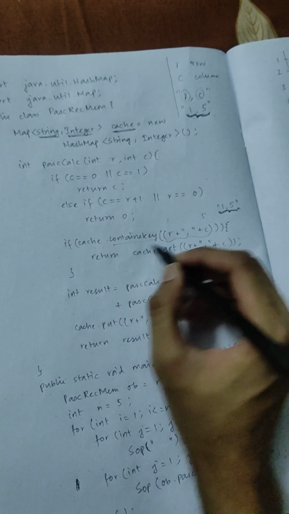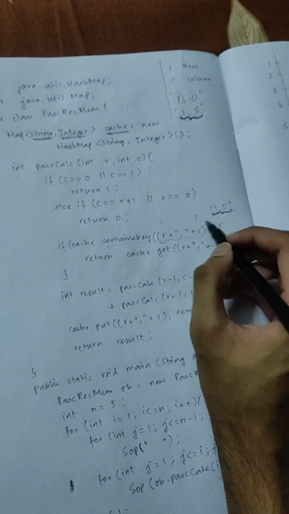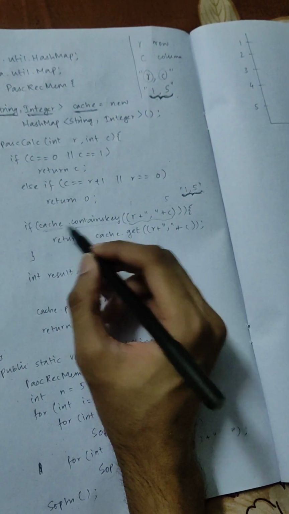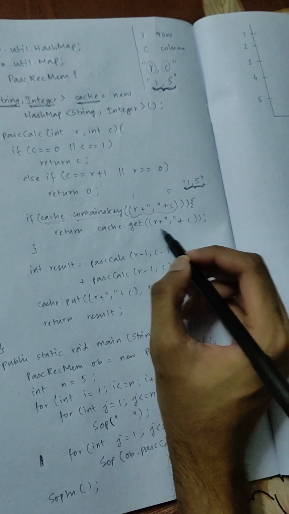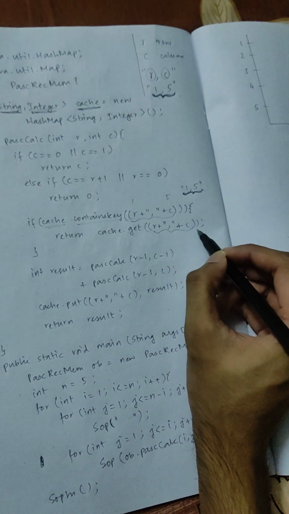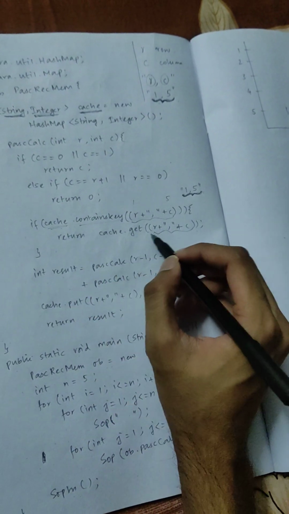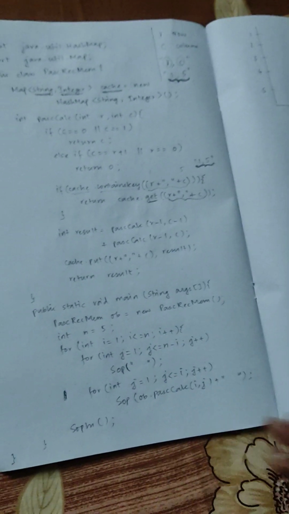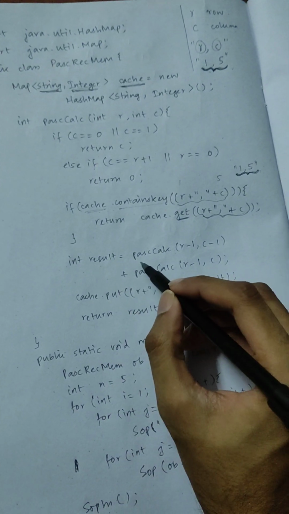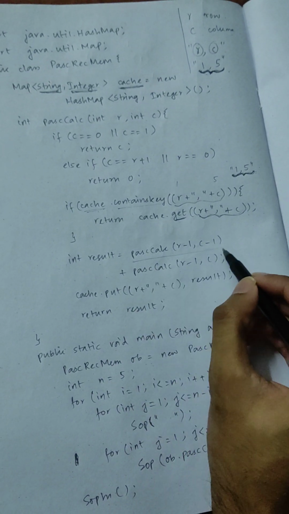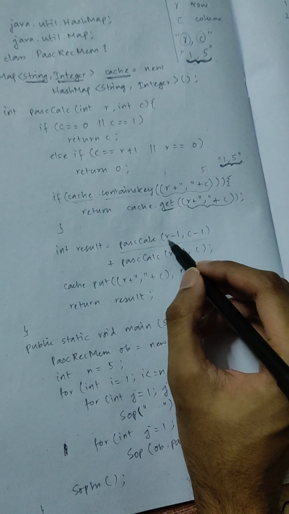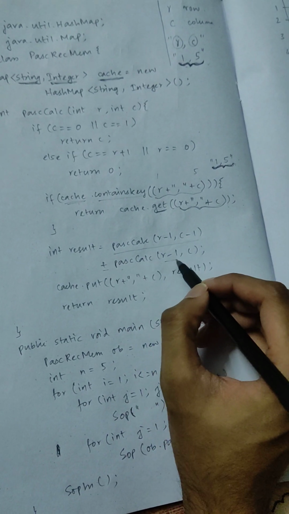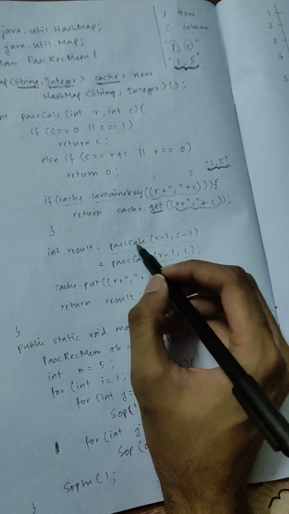So if there is a value corresponding to this key in the cache, then it will return the value of this key with the cache.get method. And the previous thing is the same: I have done pathCalc of r minus 1 comma c minus 1 plus pathCalc of r minus 1 comma c in the result.